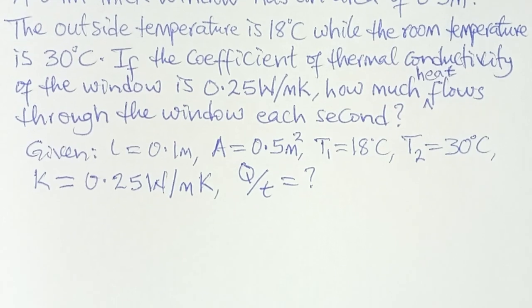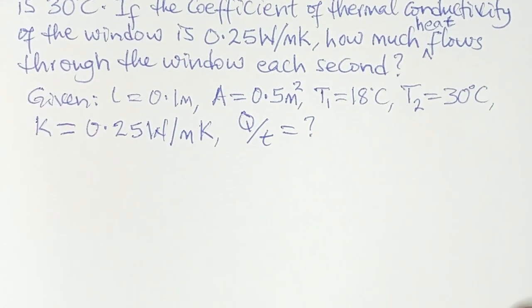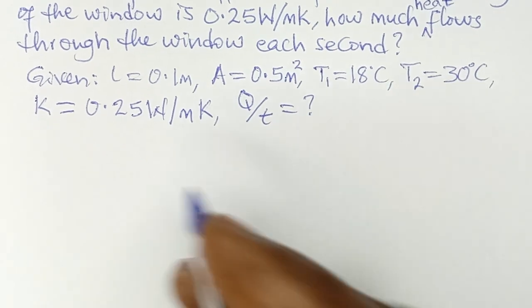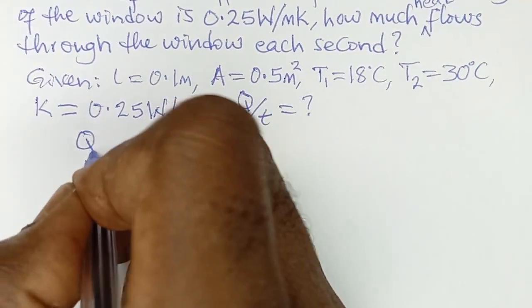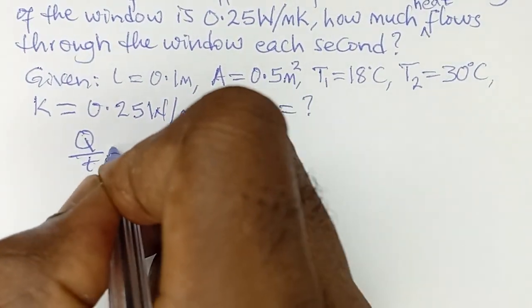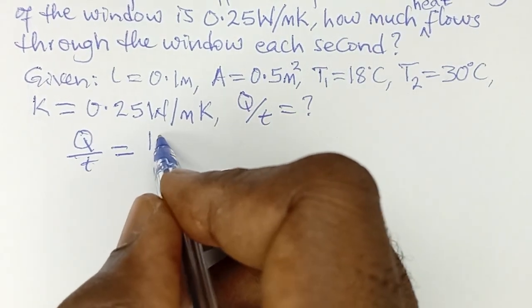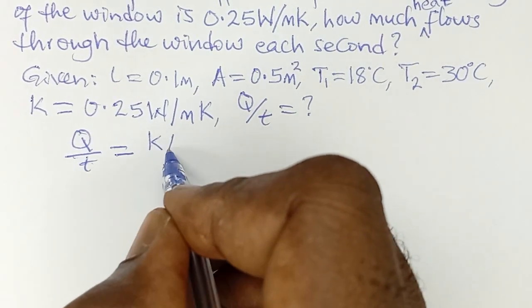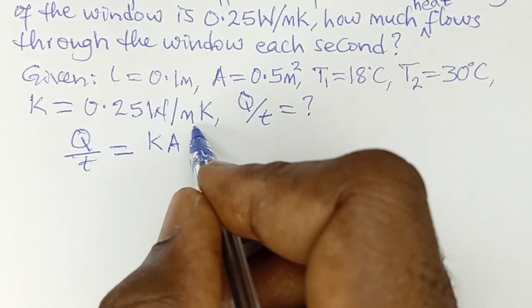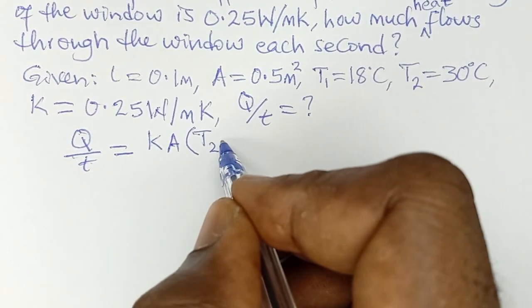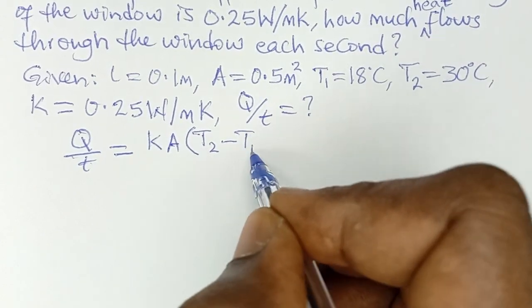So we are going to apply the formula that connects all these parameters so that it will be easy for us to solve. The formula to calculate this heat flow per second is given by Q over T is equal to K, the coefficient of thermal conductivity, multiplied by the area, and then multiplied by the higher temperature, T2, minus the lower temperature, T1.